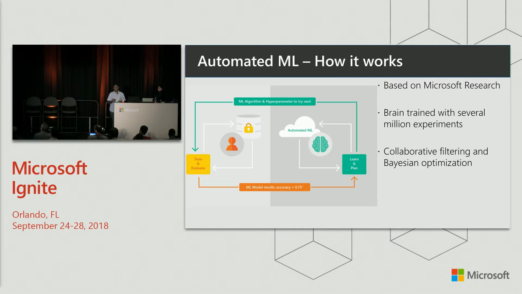So automated ML generates a pipeline, which is an algorithm and hyperparameters, trains, looks at the performance, learns from it, generates the next one. It iterates until, let us say you said, oh, I need a 90% accuracy model. It iterates until it reaches a model that is 90% accurate.